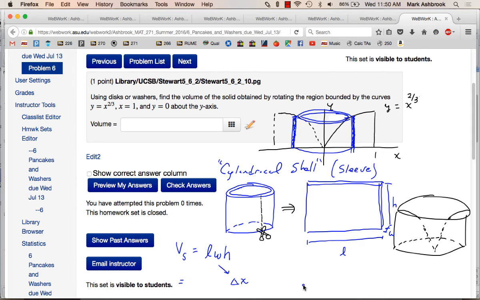Okay, what about the height? What is that height? X coordinate, y coordinate, change in x or change in y? I heard change in y and I heard a y coordinate. It's the y coordinate, right? It's the distance from the x-axis.